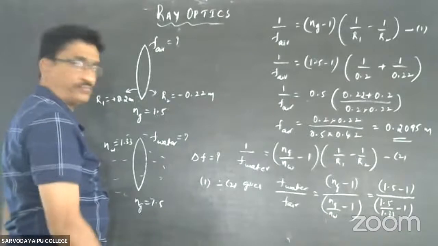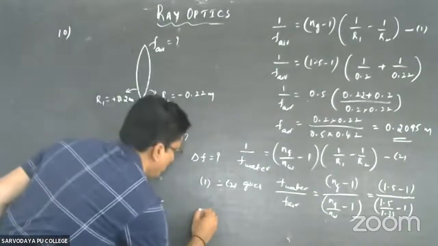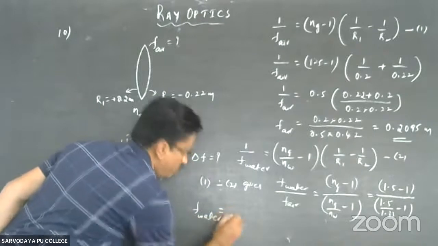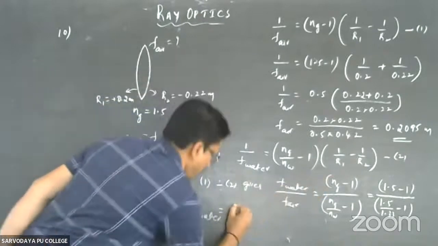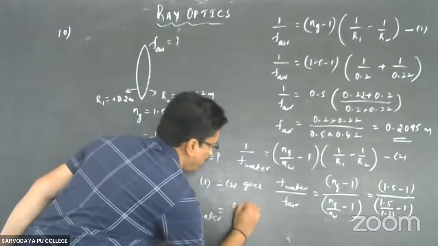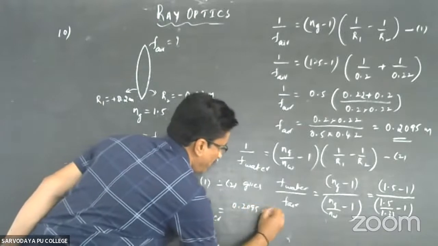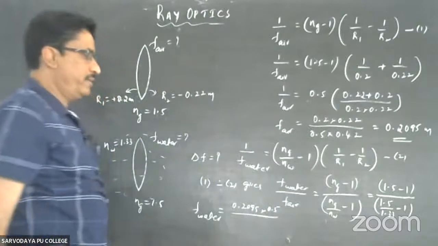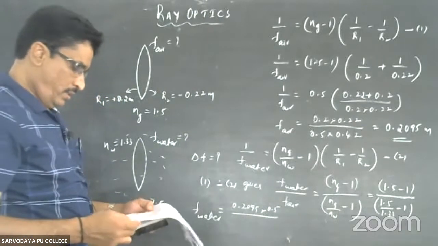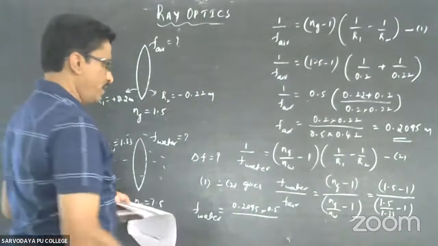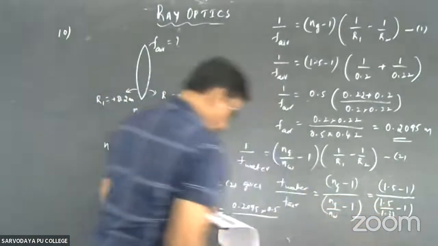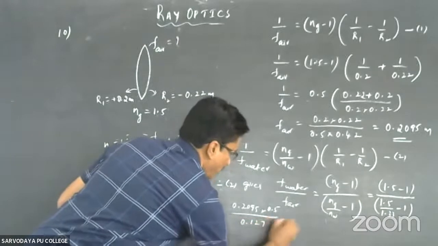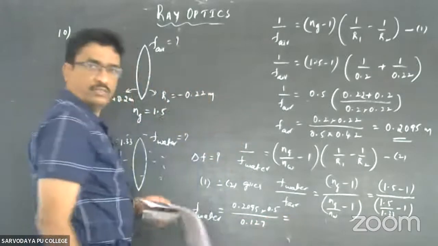Therefore, F in water becomes equal to F in air, 0.2095 into 0.5, whole divided by, on simplification of this, 0.127.